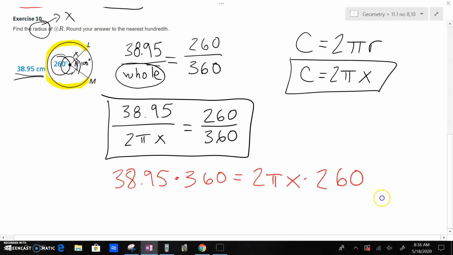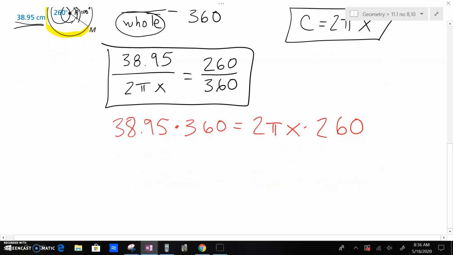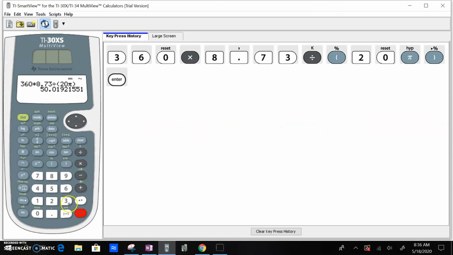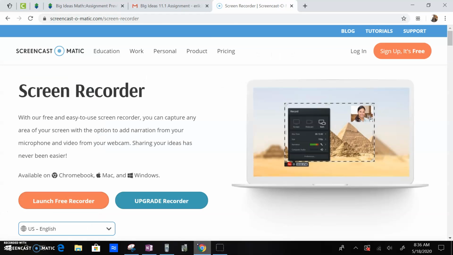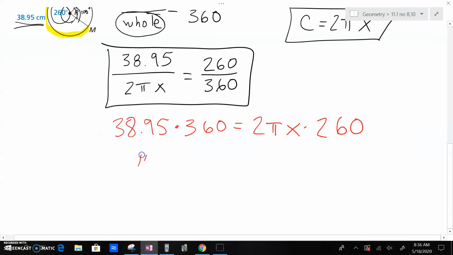So let's see. I've got 38.95 times 360. Let's just go and do that. 38.95 times 360, and that's going to be 14022. And then I've got 2 pi x times 260.